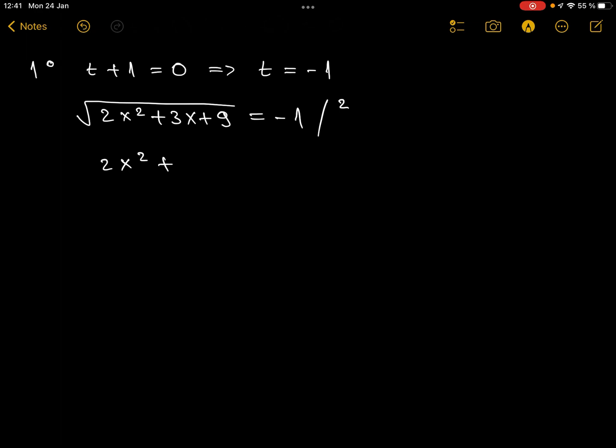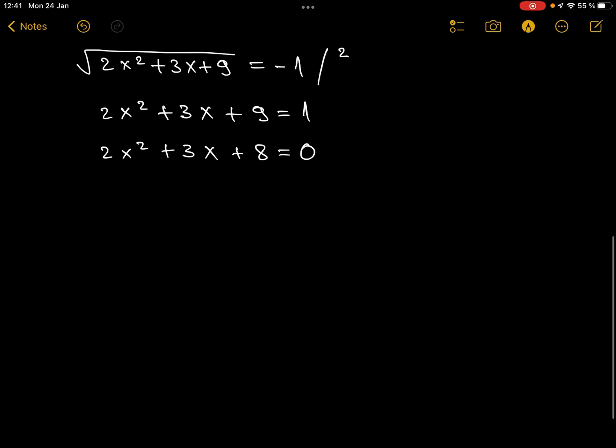Just for the fun of it, I'm going to try it. So 2x squared plus 3x plus 9 is equal to 1, or 2x squared plus 3x plus 8 is equal to 0. Now I'm going to use the quadratic formula.